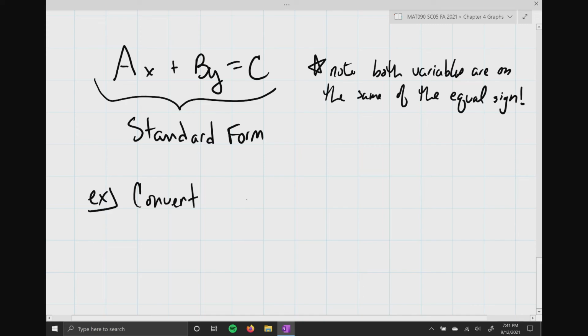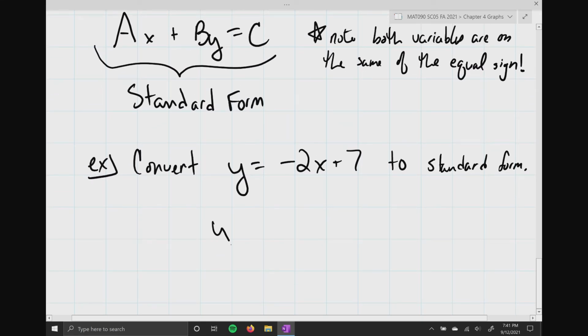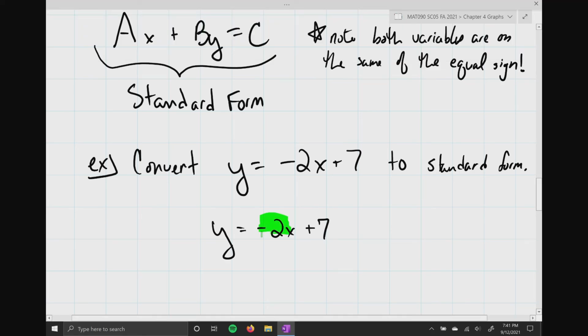Convert y equals negative 2x plus 7 to standard form. All right? Well, I'm just rewriting the problem here real quick. We know standard form means both variables have to be on the same side. Currently, the negative 2x is on the right-hand side with the constant c. We don't want it over there.